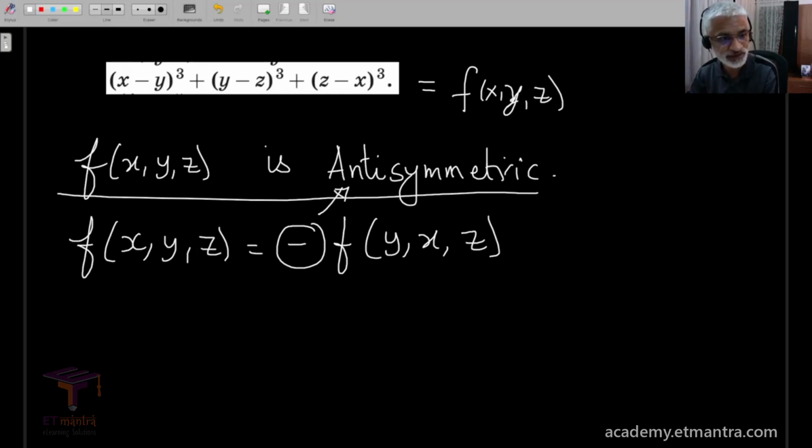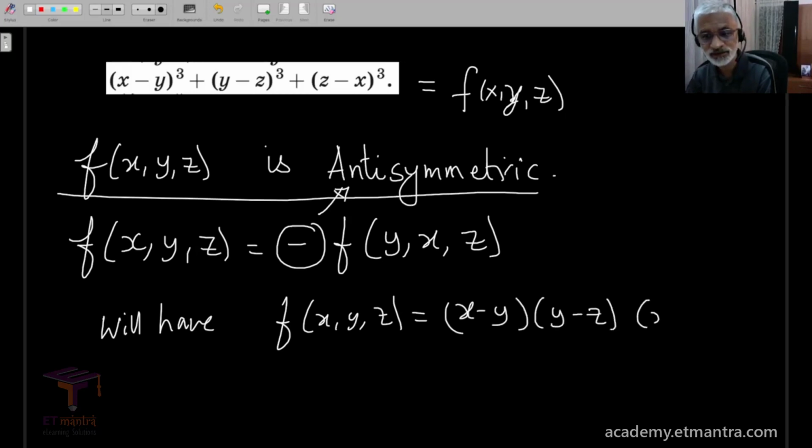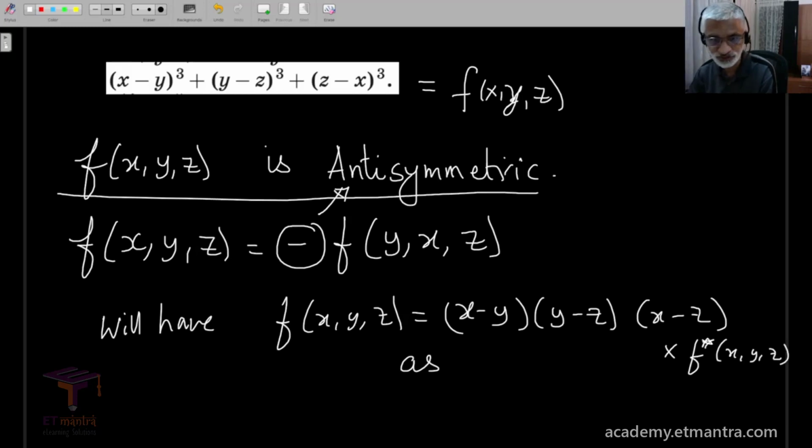Any antisymmetric function f of x, y, z will definitely have x minus y, y minus z, x minus z as factors, times some f star of x, y, z. So this is an important representation theorem for antisymmetric functions.